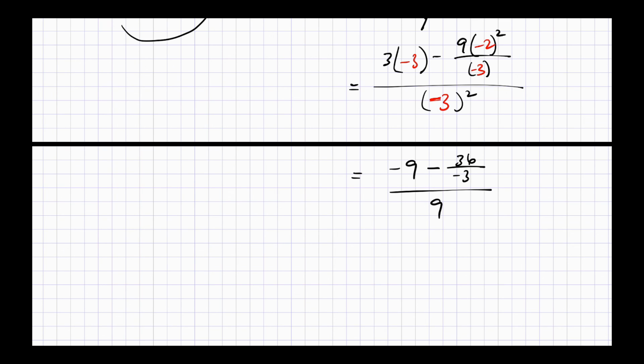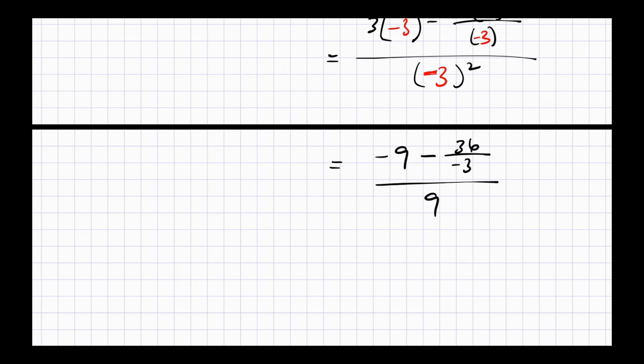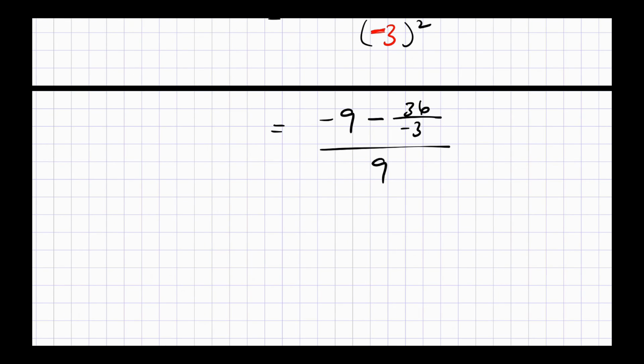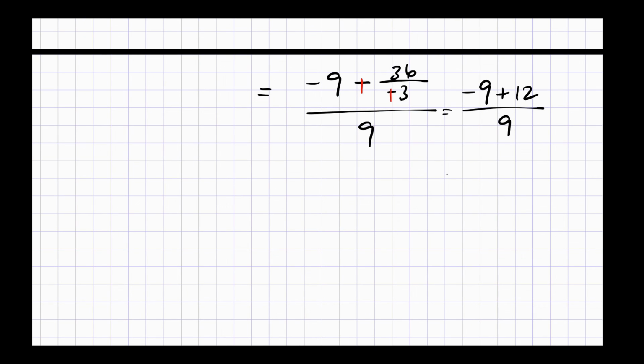Because -2 squared is 4 times 9 is 36, and then over a -3 on the bottom. Well, double negatives here, minus a negative, that's going to be a positive. And -9, 36 over 3 is 12, plus 12 over 9. 3 over 9, which makes 1/3.